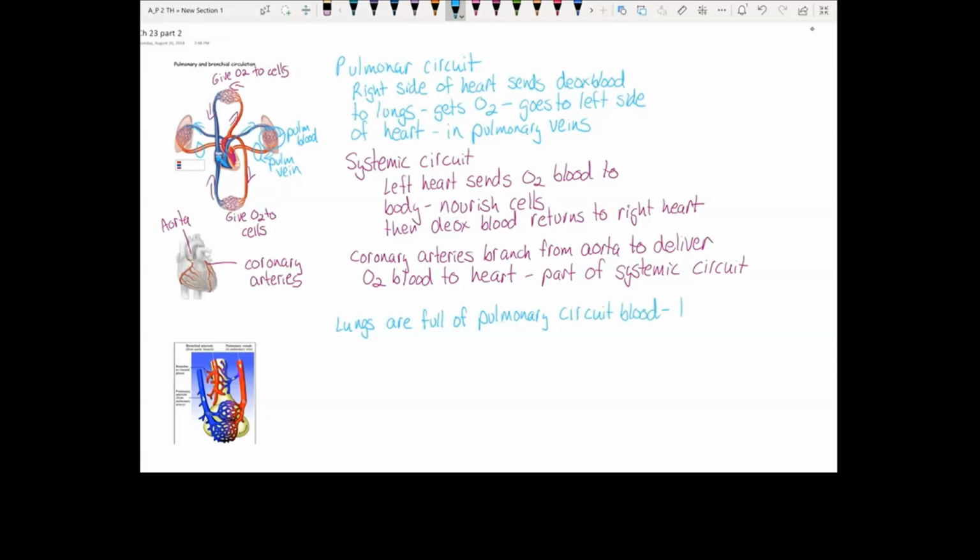But this blood is there to pick up oxygen. It is not nourishing the lungs. So just like your heart is not nourished by the blood that's in it to be pumped, your lungs are not nourished by the blood that's in there to pick up oxygen.